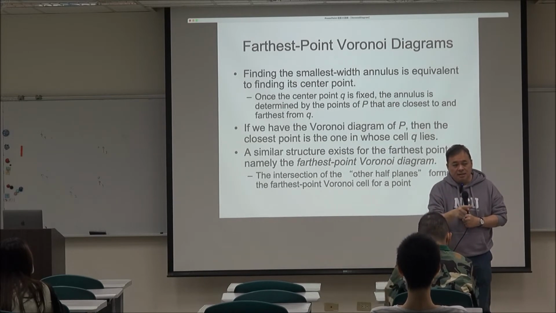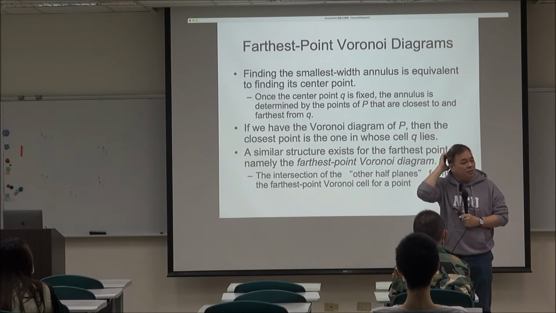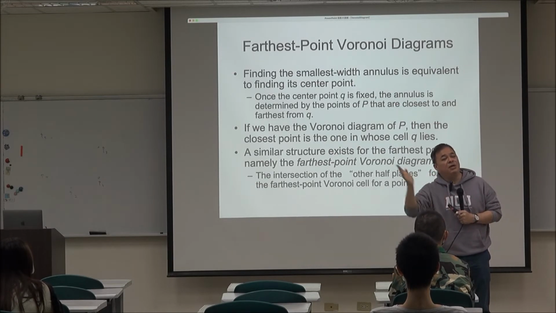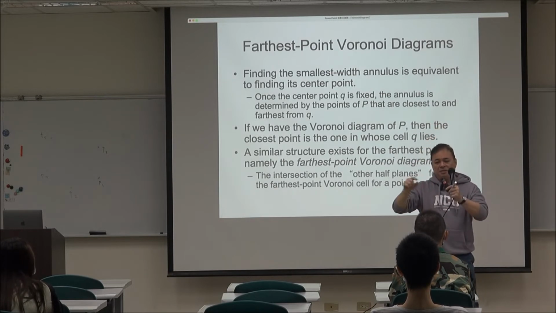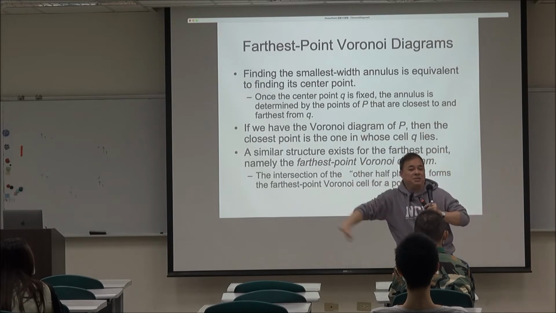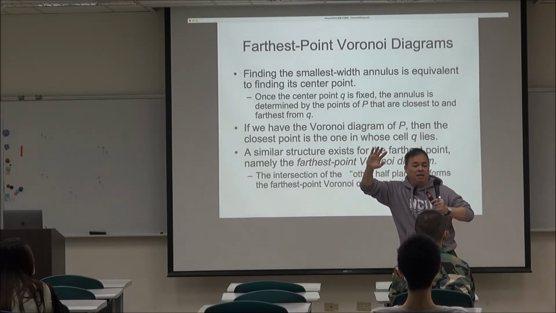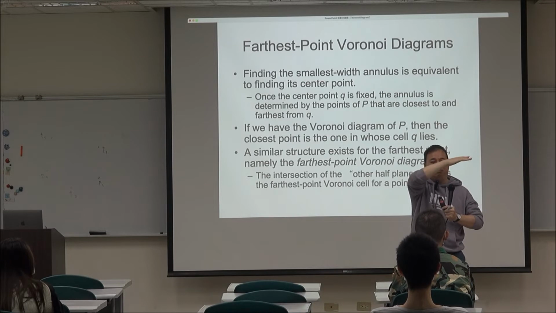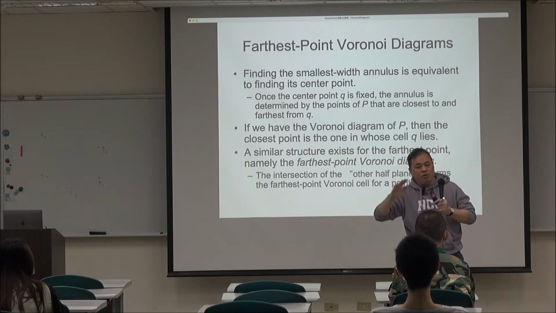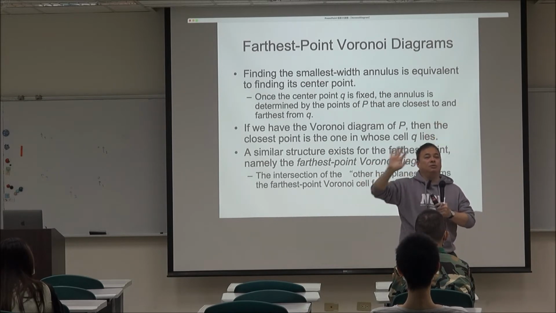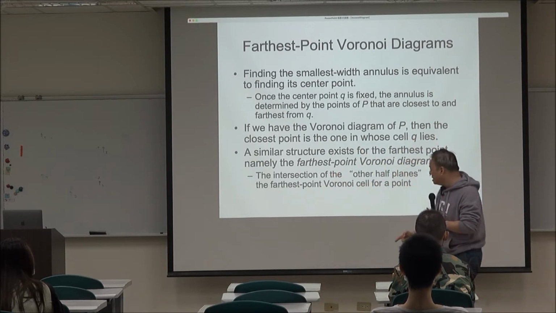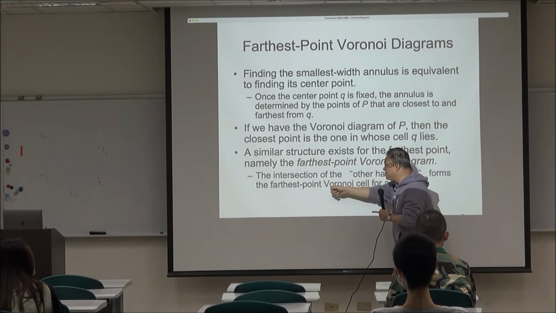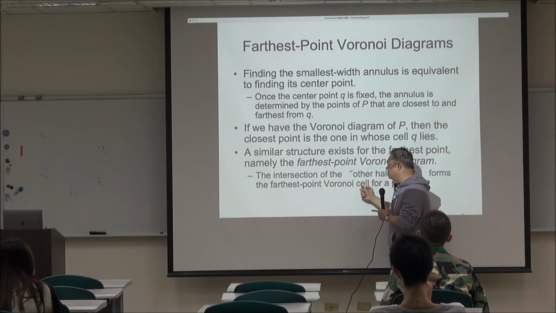So for the farthest point Voronoi diagram, because you want the farther away, if this side and the other side give a bisector, you keep the other half. For every pair you create a bisector, keep all the other halves, and do an intersection of all of them, and the result is the farthest point Voronoi cell for this side.